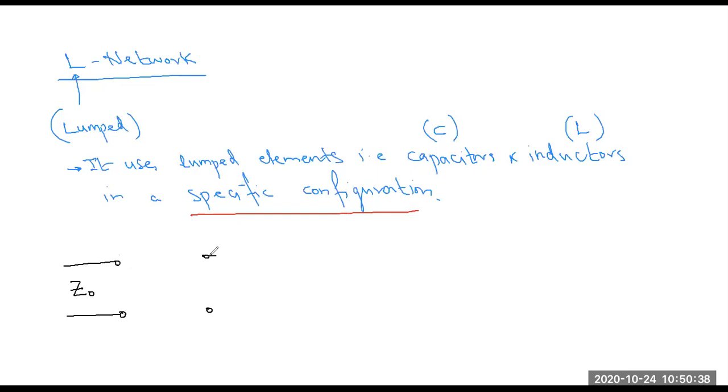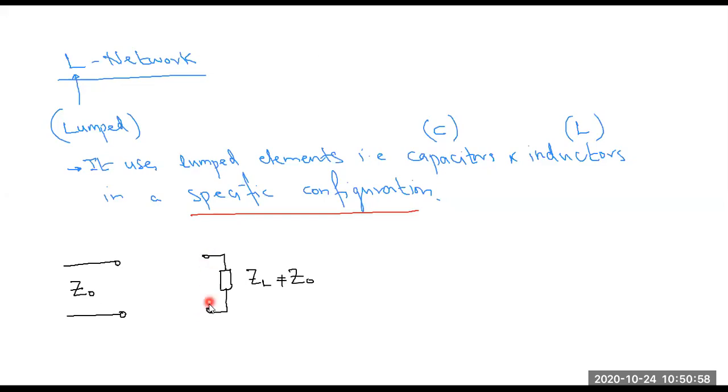So let me represent the load by its impedance. This is our load. So the problem is this ZL is not equal to Z0.